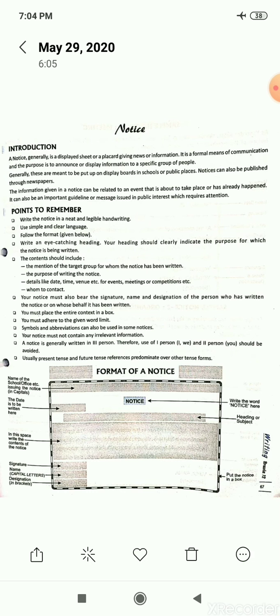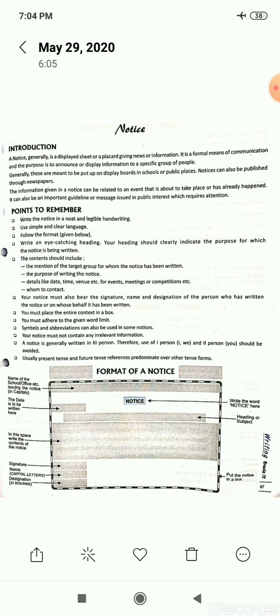So they must write that this notice is from the principal's side, or from the examination in charge's side. They must mention on whose behalf they are writing, and it must bear the name, signature and designation of the person. I hope that's also clear.